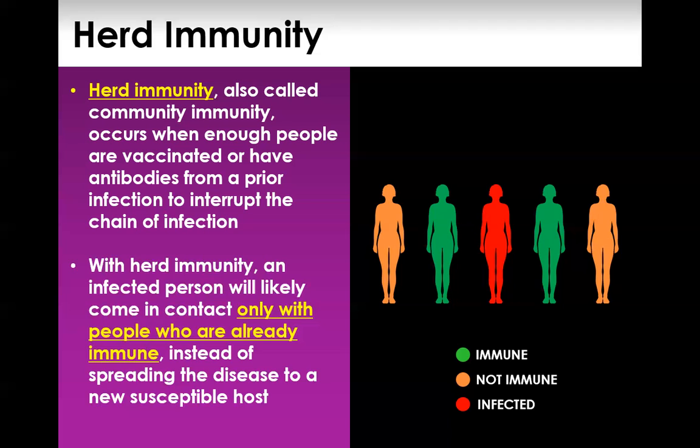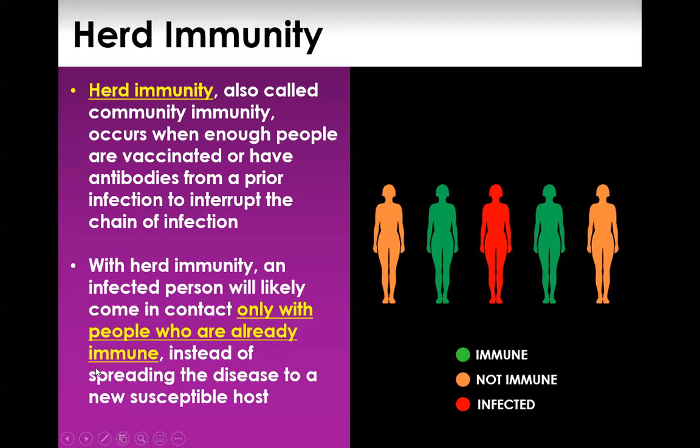With herd immunity, the infected person will come in contact with people who are already immune, and so they will not spread the disease to a new susceptible host. That's the whole concept with herd immunity.